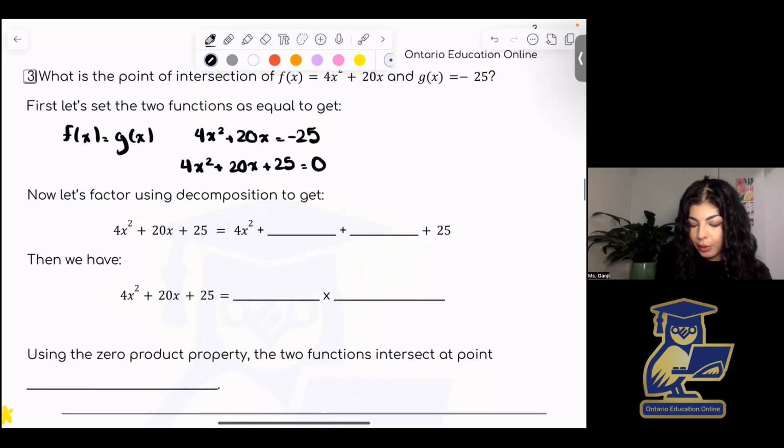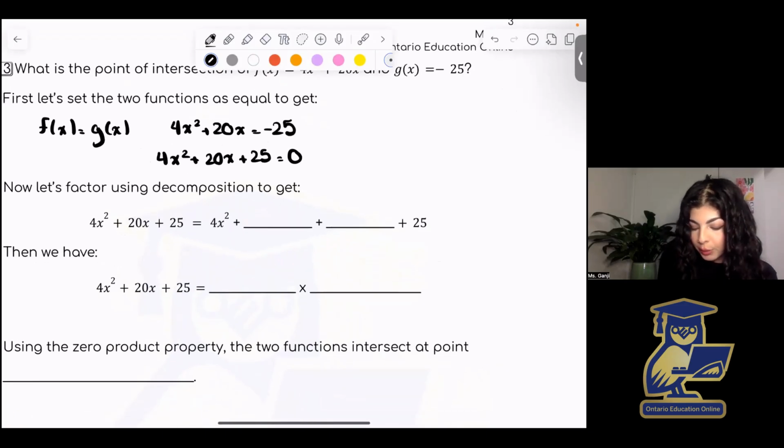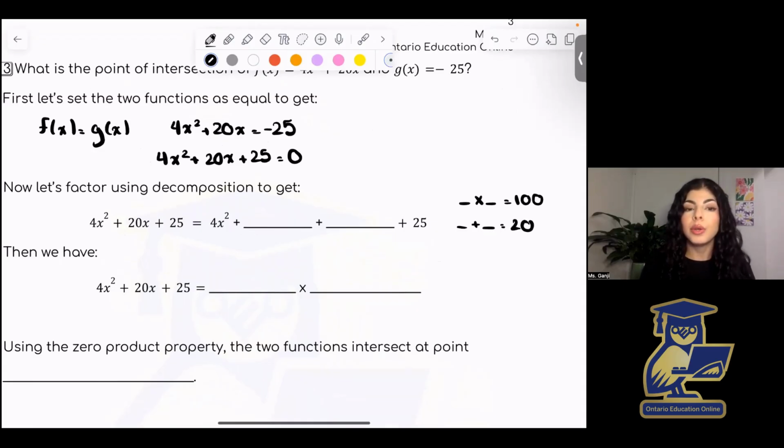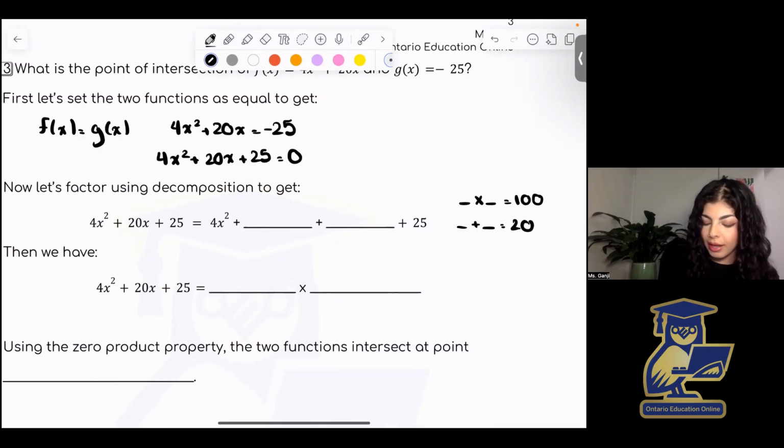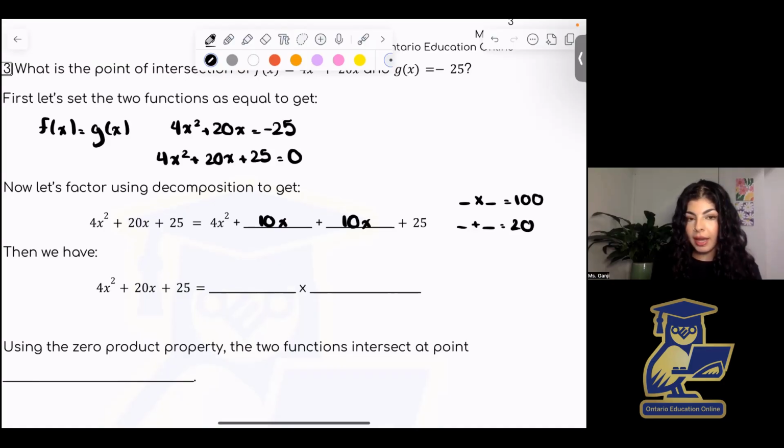And here we are looking for two numbers where their product is equal to 100 and their sum is equal to 20. So you can try trial and error or the method we have learned, and you should get that our two values for decomposition are 10x and 10x.